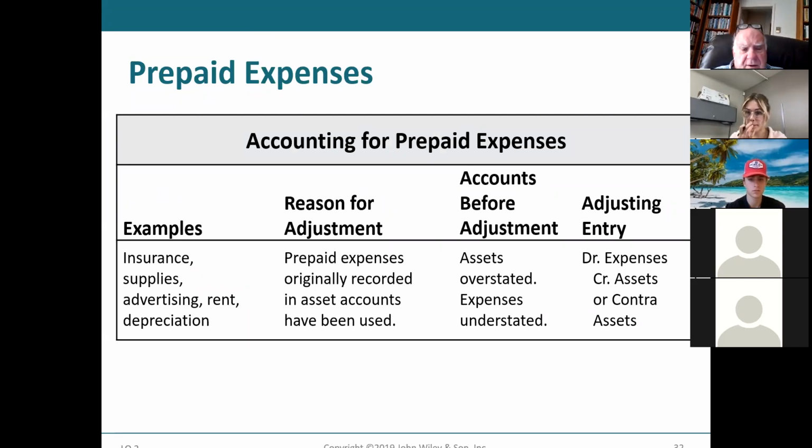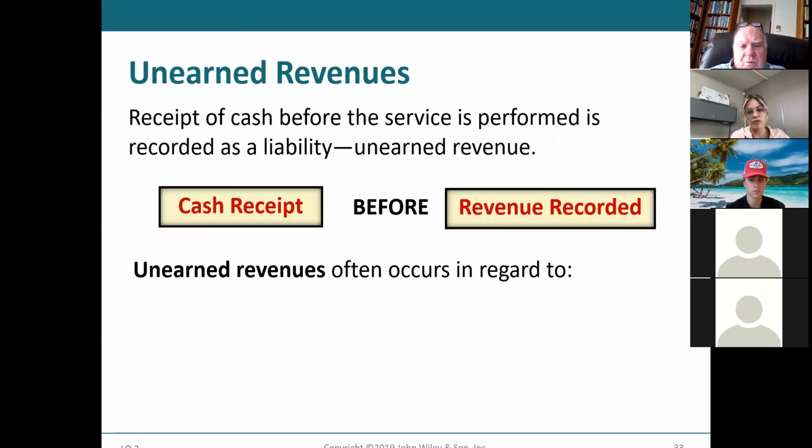Accounting for prepaid expenses. Supplies, reason for the adjustment. Prepaid expenses have been used. We have to record the amount that's been used. Before we do that, the assets would be overstated, expenses would be understated. So we're going to debit an expense and credit an asset. You're always going to debit an expense with one little exception: unearned revenue.